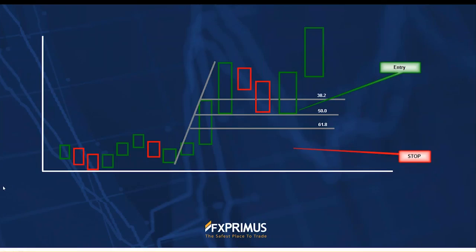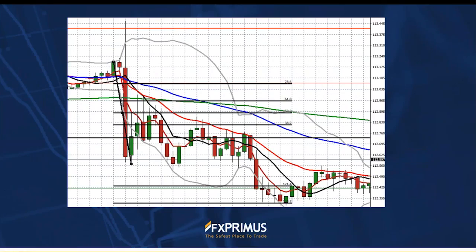This was dollar yen. A big spike down. News is released, big spike down, big red candle.